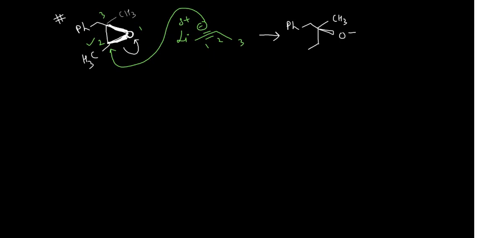This was your CH3, and now it has this system. Since it has attacked from the alpha side, I can write it as alpha attack, that will attack from the bottom side. So this will form a bond from the bottom side.